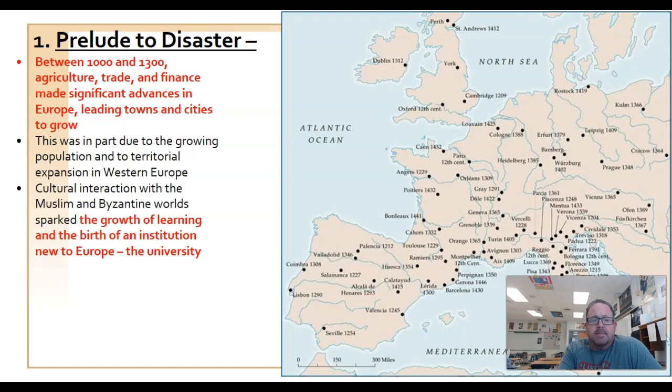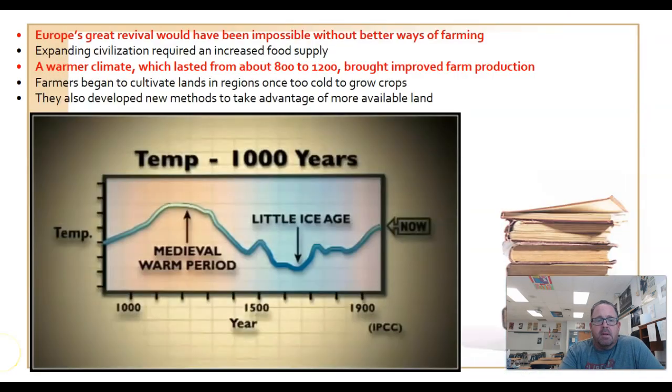But anyway, there's a period of growth during this time period, and we're going to talk about why that happened. All right. Well, some of it has to do with the climate. Okay, and look at this. It says during the years 1000 to about 1400, something like that, there was a global period of global warming.